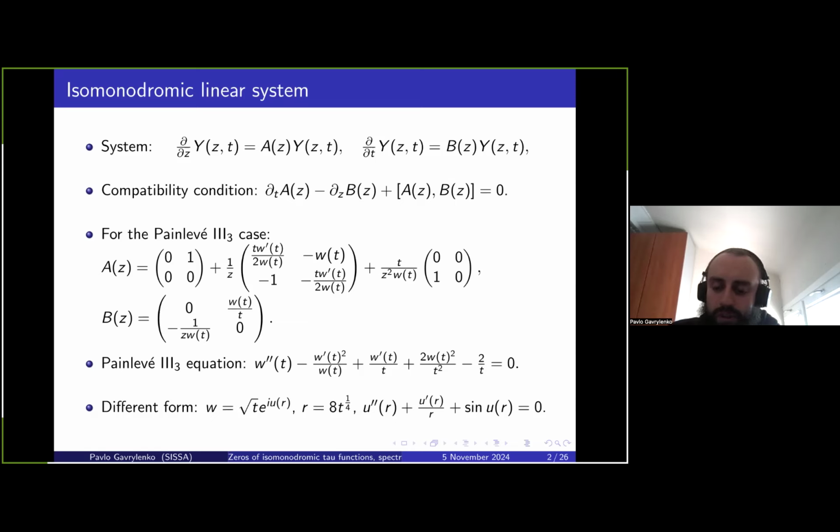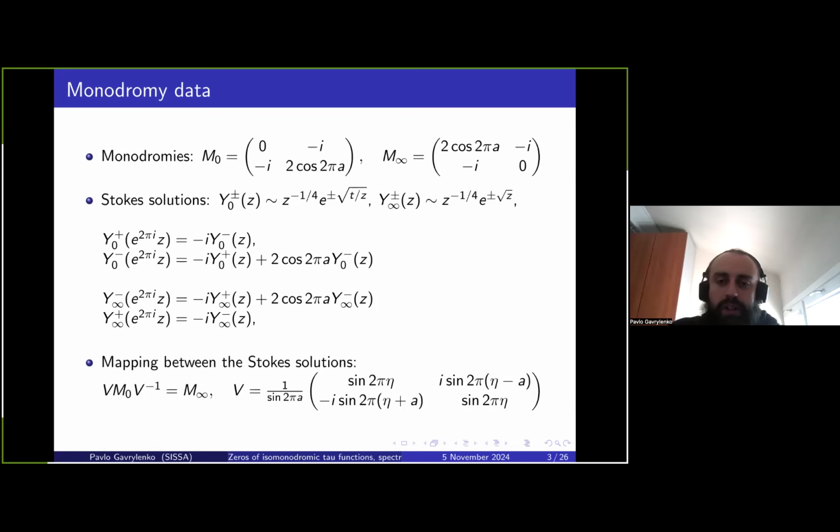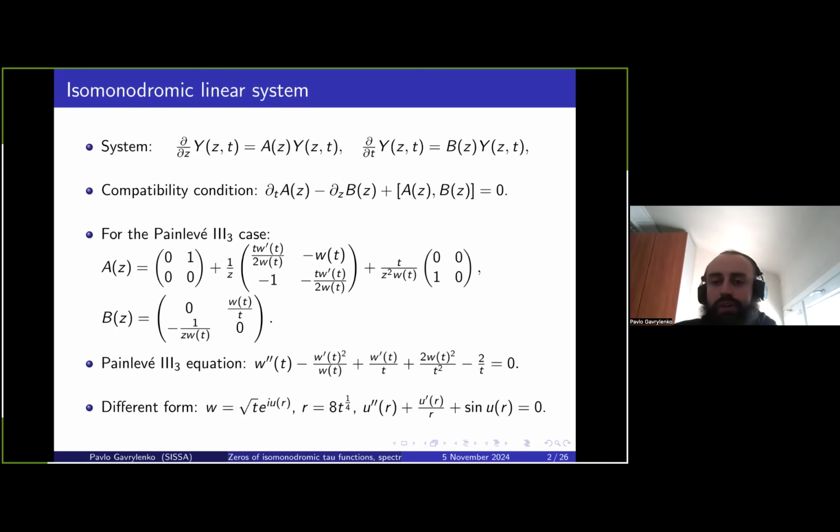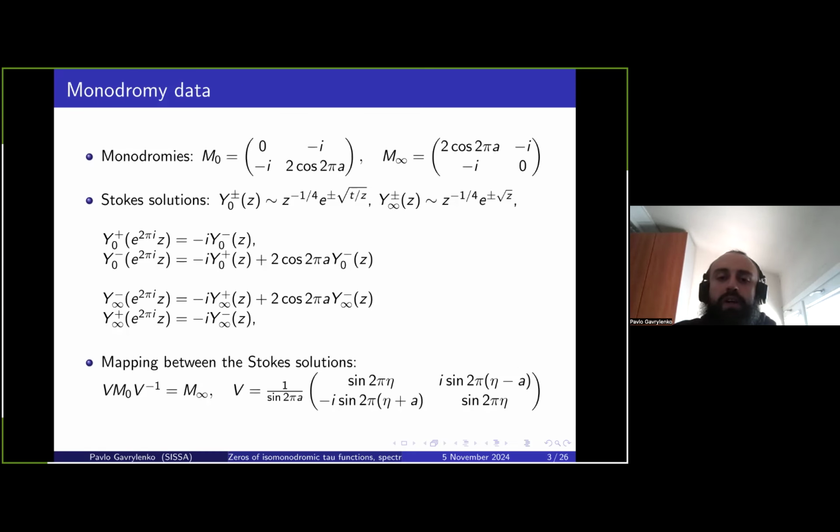So what kind of monodromy data do we have here? If you look again at the system, we see these higher order singularities at 0 and infinity. And since they have only Jordan blocks, non-diagonalizable matrices, the asymptotics of the solutions contain square roots. They behave like this.